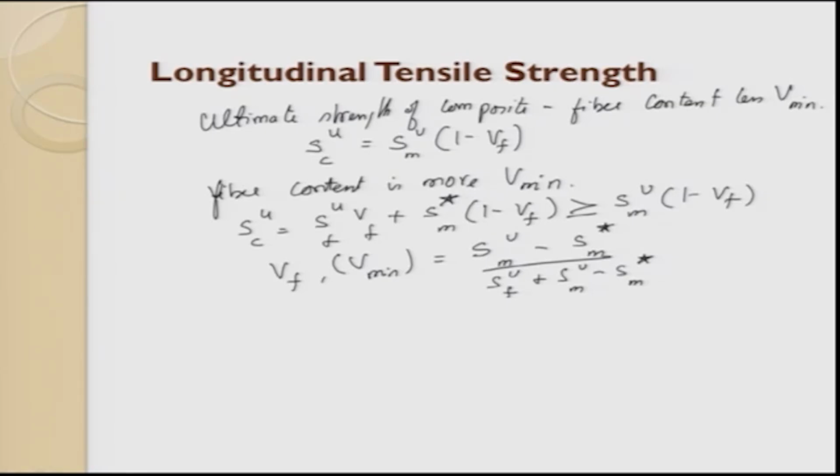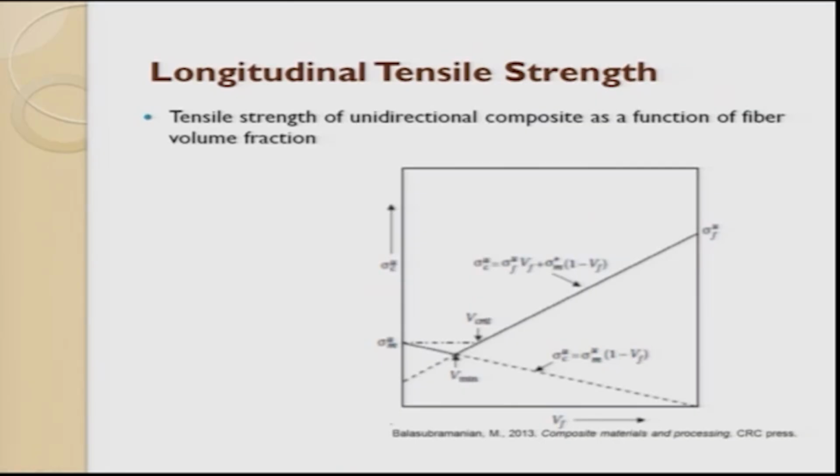So if you look at it, this derivation is very, very important, which talks about what should be the critical V, so to get the proper output. If you plot it in a curve which is shown here, you can very clearly say this is the V min. What we did is only this calculation. And you see here, this is V critical, this is V min. We have found out both.